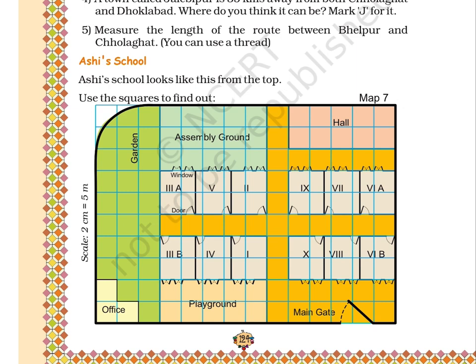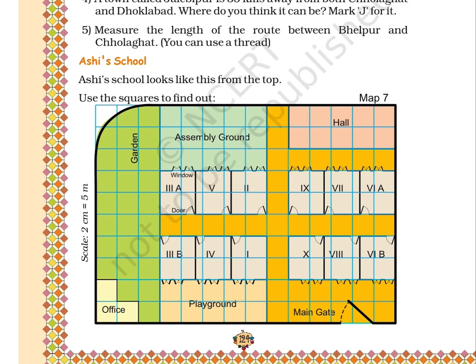We see the important places in school like office, main gate, hall, playground, assembly ground, garden, etc. and of course the classrooms. Use the squares to find out. Page 125. 1. How many times bigger is the area of the assembly ground than that of the office? 2. How much is the length and width of each classroom?